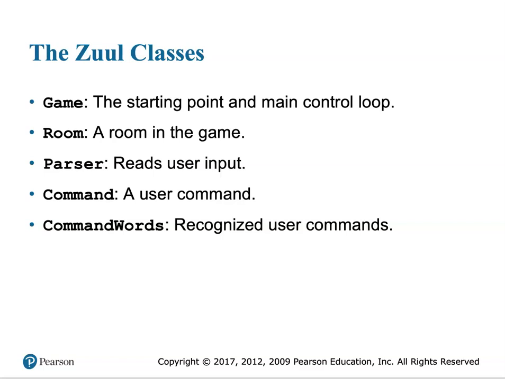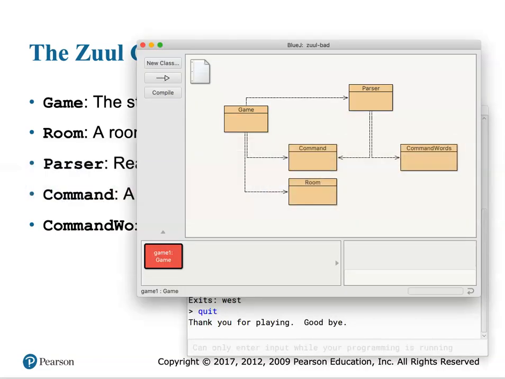We have a parser, which reads the user input and determines if it is a known command. We have a command class, which is the user command object. And then we also have command words. These would be words that the command object recognizes as user commands. So if we bring this back up, we can see that command depends on command words, and the parser depends on the command and command words objects, and the game depends on the command, and the game depends on the room.